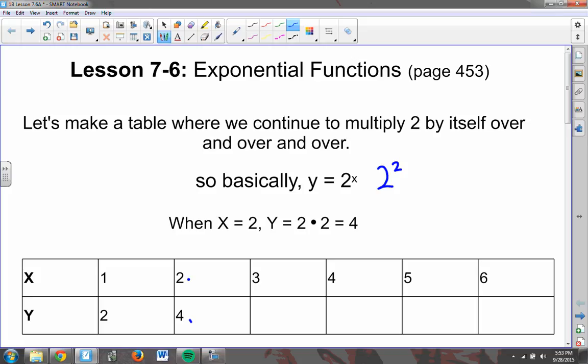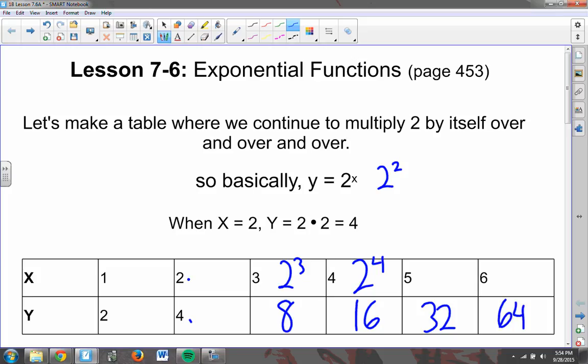When x is 3, I'm going to have 2 to the third power, which equals 8. When I have x equals 4, I have 2 to the fourth power, which is going to equal 16. 2 to the fifth power when x equals 5 is going to give me 32. And 2 to the sixth power when x equals 6 is going to give me 64.